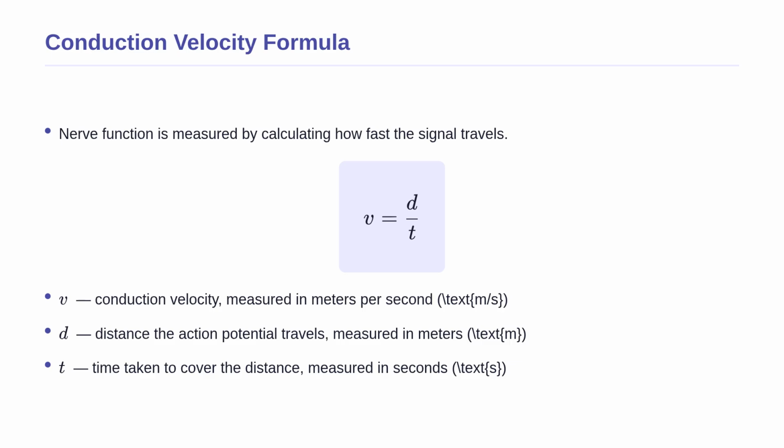The variable d stands for the distance the action potential travels along the nerve fiber, measured in meters. Finally, t represents the time it takes to cover that distance, measured in seconds. If the distance increases while the time remains constant, the velocity must be higher. Conversely, if it takes more time to cover the same distance, the velocity decreases, which often indicates nerve pathology or damage.